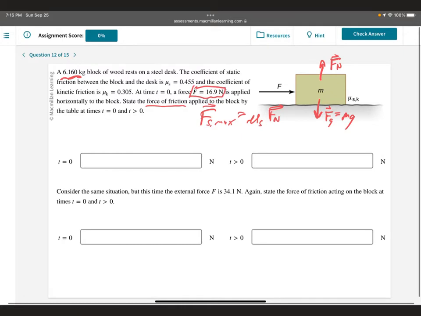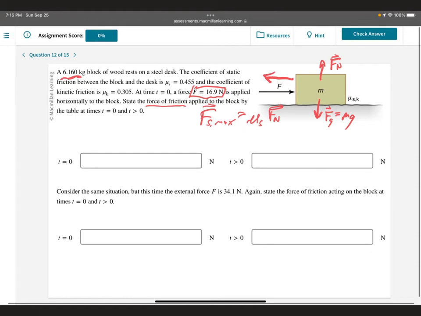If that number is less than the maximum static friction, then the frictional force will be equal to whatever the applied force is, because it won't accelerate. It's not going to start sliding if the applied force is less than the maximum static friction. So there will be a frictional force that's going to be equal to my applied force.